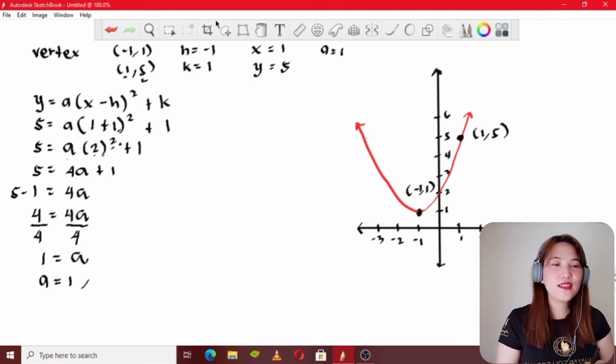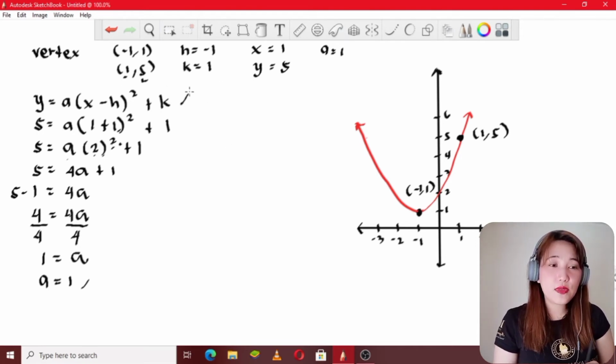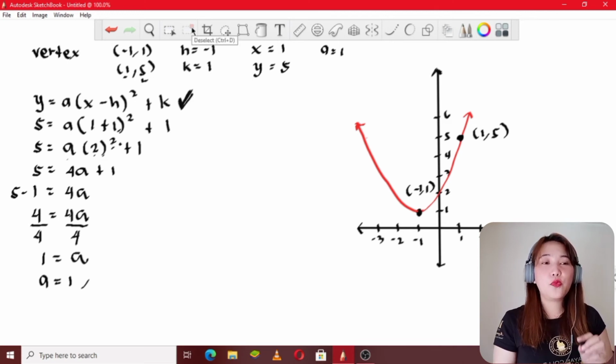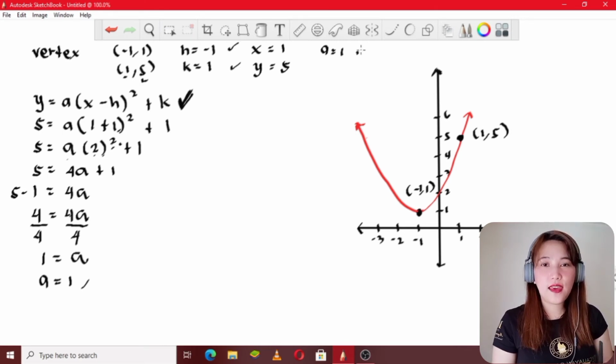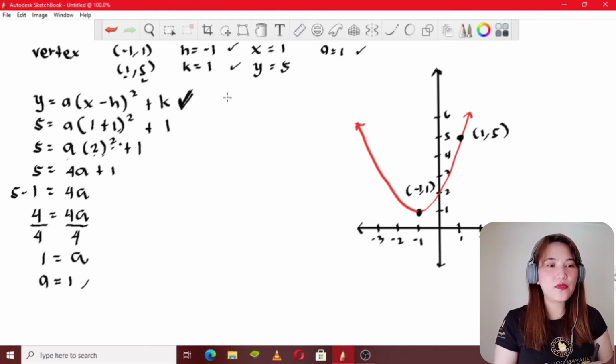Next, again, kukunin ulit natin, gagamitin ulit natin yung vertex form ng quadratic function and we will substitute h, k, and a. So, hindi na natin papalitan ang x and y. Okay? So we will have here now, again, the vertex form is y equals a times the quantity of x minus h squared plus k.